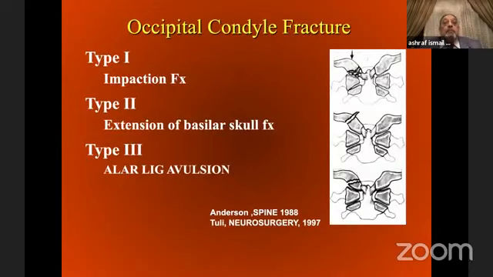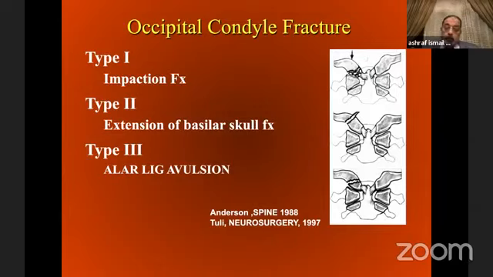The cause of occipital condylar fractures is actually a vertical compression of the skull over the cervical spine, leading to the first one, the type 1 fracture, which is an impaction fracture. It may be unilateral or bilateral, depending on the position of the skull during the impact.